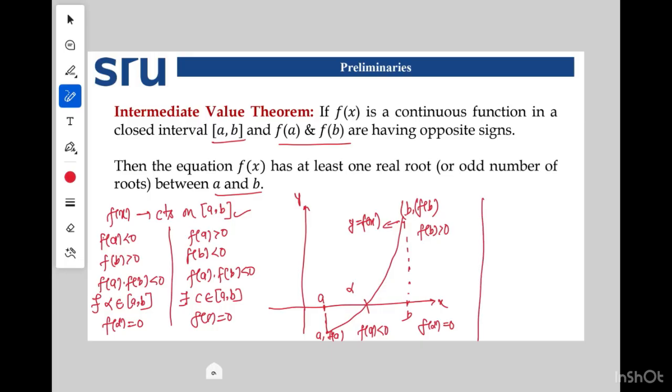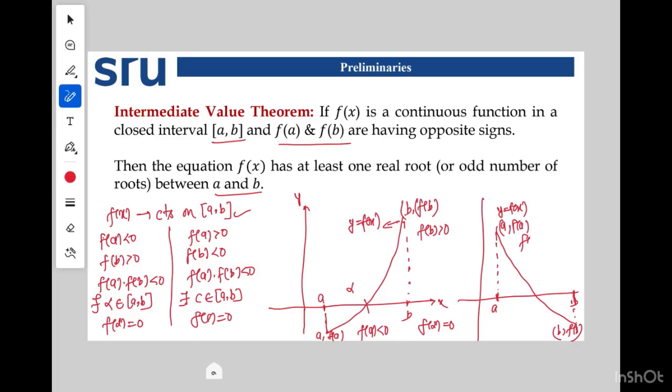Similarly, suppose this is your function y = f(x) defined on closed interval [a, b]. This point is (a, f(a)), and this one is (b, f(b)).